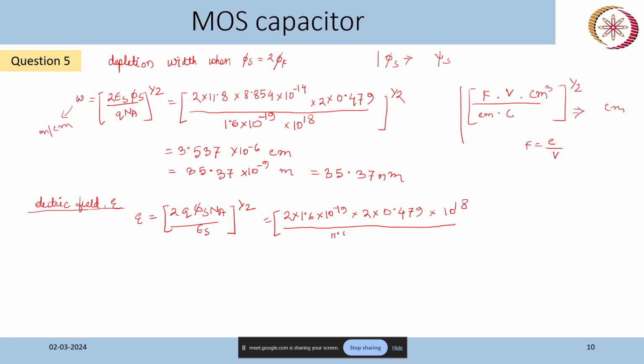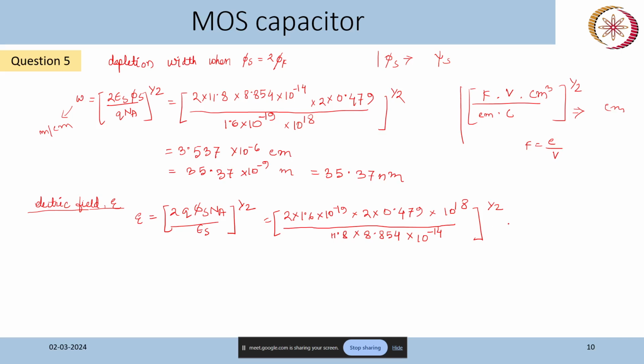Epsilon s is 11.8 into 8.854 into 10 to the power minus 14. You can try the dimensional analysis by yourself, whether the unit is volt per centimeter or volt per length or not. Okay, we are writing everything in terms of centimeter.